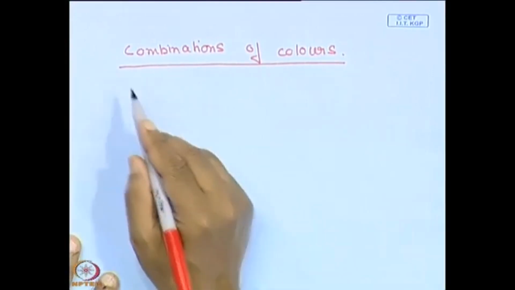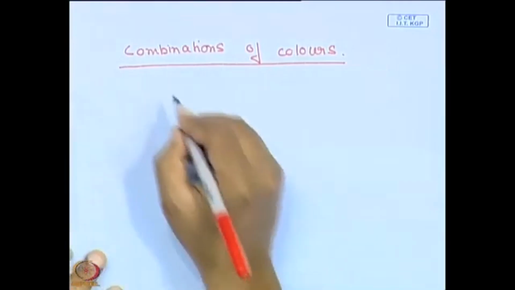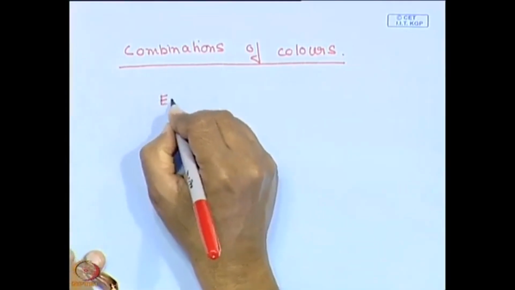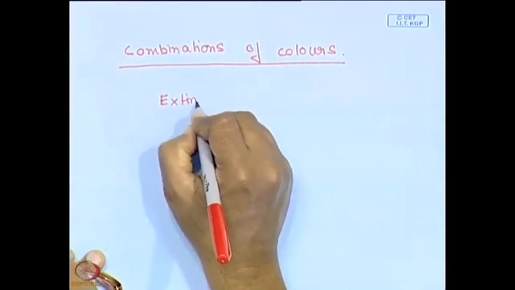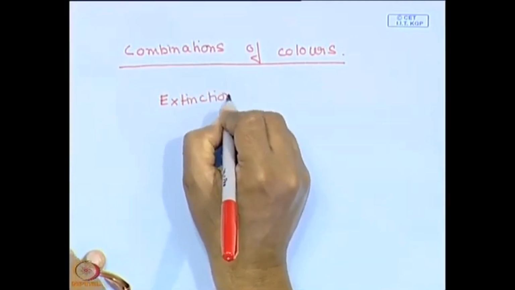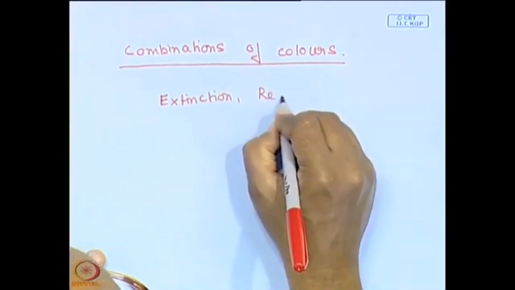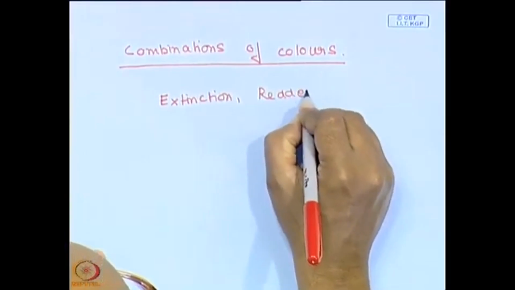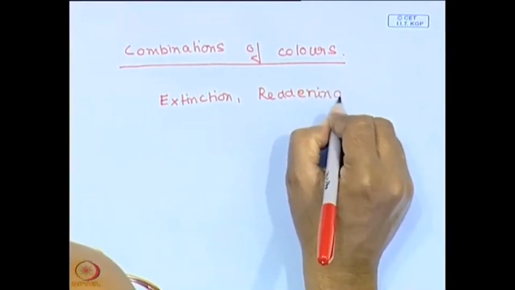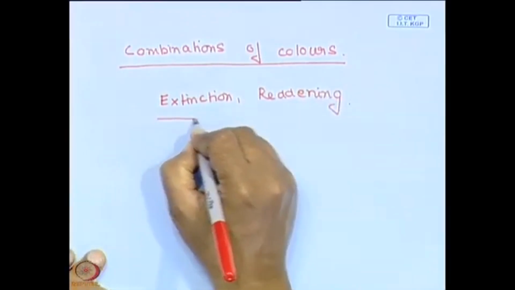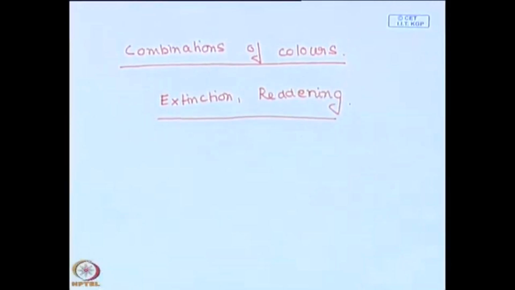From this one can work out the amount of extinction and reddening, by using combination of colors.